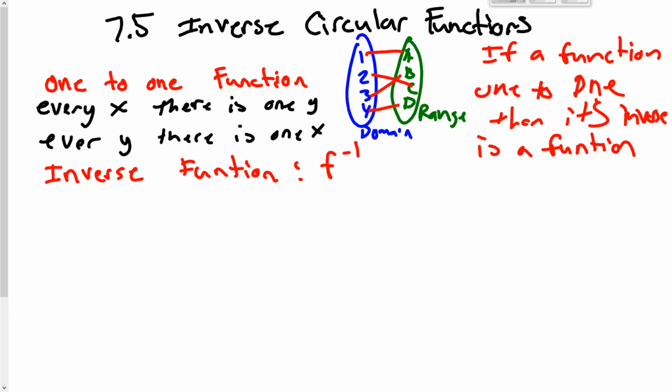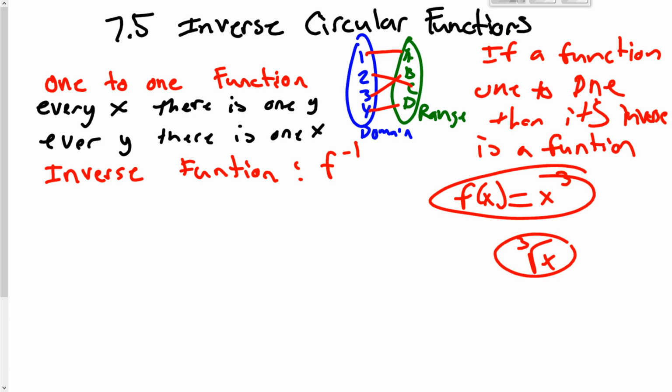So that means that, say, let's do f of x equals x cubed. So this is one-to-one, right? For every x, there's one y. The inverse would be the cube root of x. That is also a function, right? So this is a one-to-one function. That means its inverse is a function, which is true.